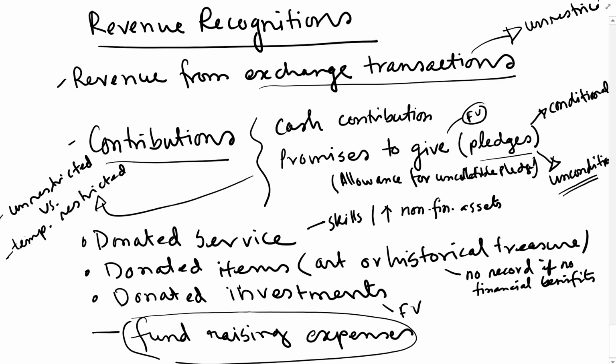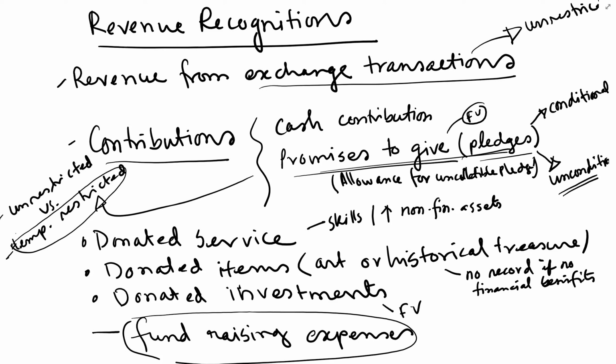Now remember, if you receive any pledge or promise from a donor, we debit pledge receivables or contribution receivables, and we also record the contribution revenue. But when we classify all types of pledges and promises, we classify them under the temporarily restricted fund until the promise or pledge is collected.